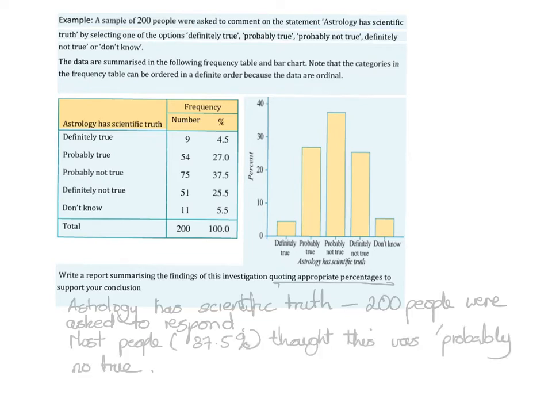You can see from the table that 75 out of 200 thought that the statement was probably not true. So when I put that into my summary, I'm just using normal language: most people, and then I back it up with evidence. 37.5% thought this was probably not true.